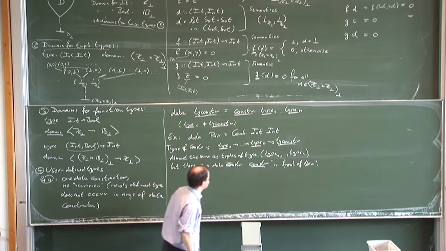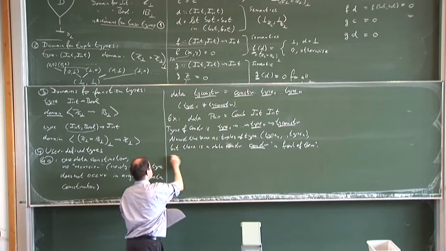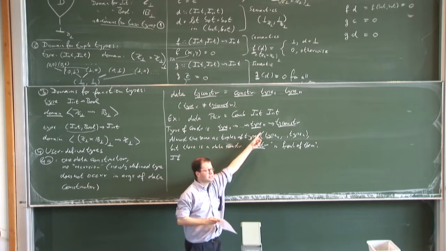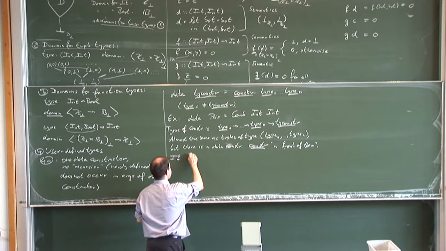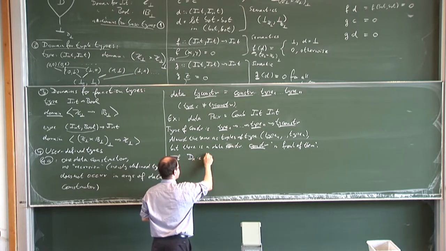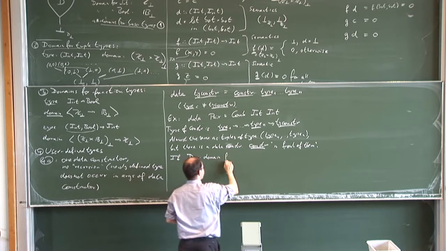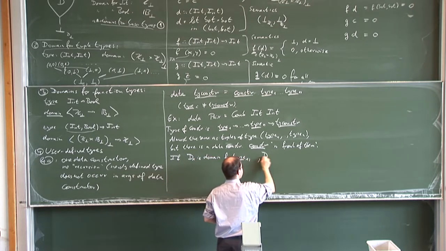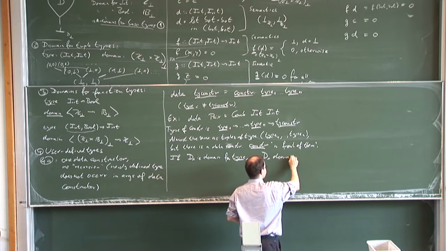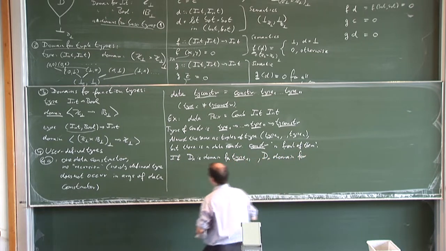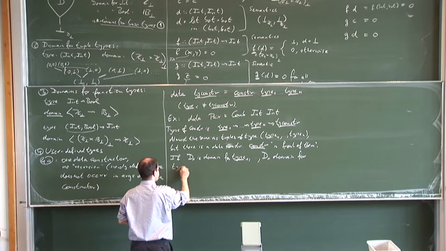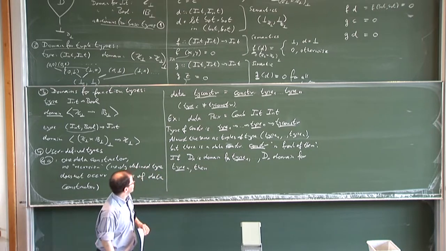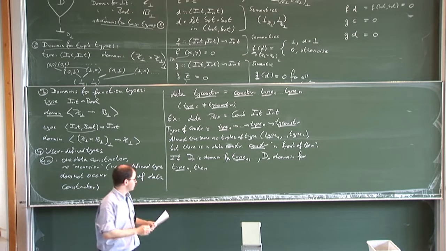So what we do is, if the domain for type 1 is D1 and the domain for type n is Dn, then what should be the domain for this new type constru?